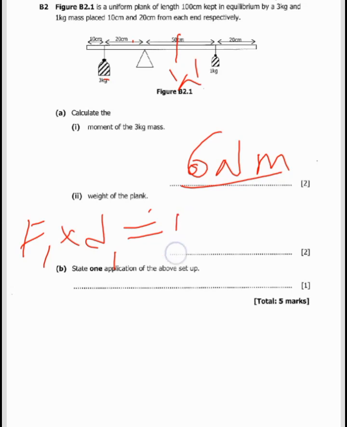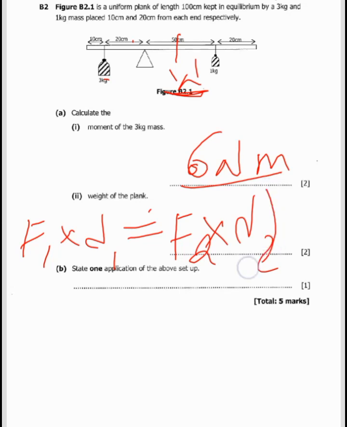Force 2 is the one we want to calculate, which is the weight. Distance 2 is the distance from the pivot to where the weight is going to be, which we have said is 20, because that's where the 50 mark is going to be. So we have 20 centimeters there.